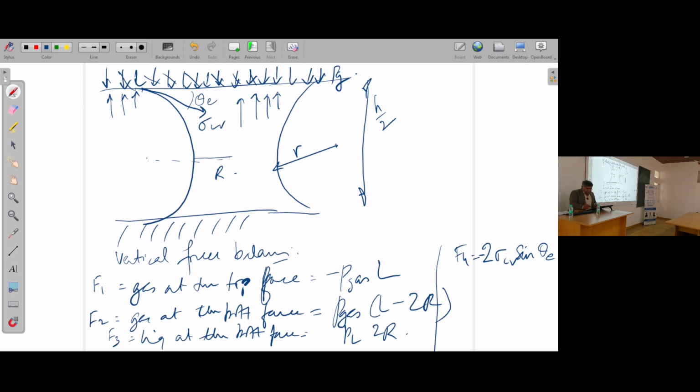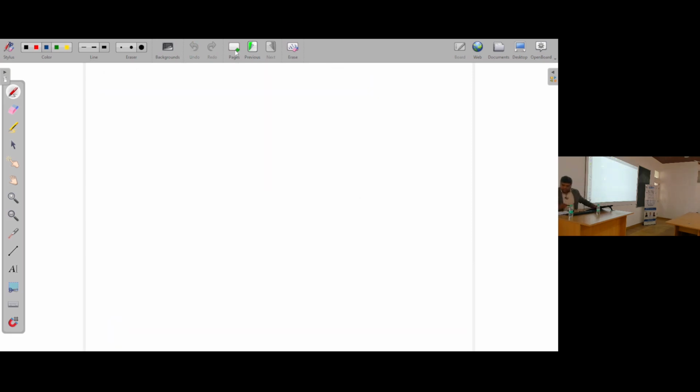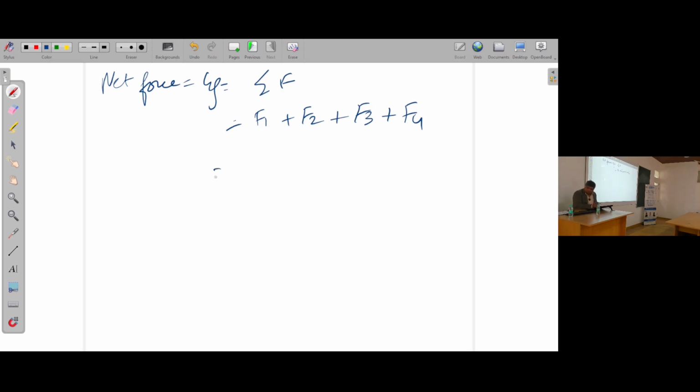So if we add all of these forces together, the net force, say chi, is equal to the sum of all forces, that is F1 plus F2 plus F3 plus F4. What is F1?